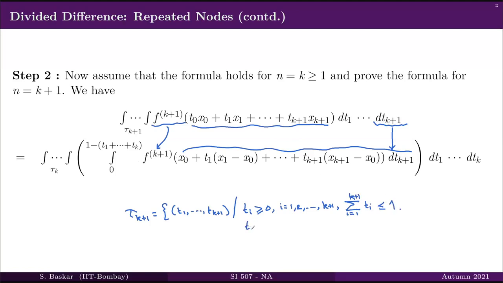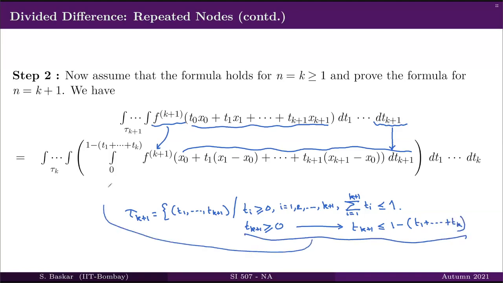Therefore, the variable tk plus 1 varies from 0 to 1 minus (t1 plus up to tk). That is what I have put as the limit of this integral. When I'm integrating with respect to tk plus 1, I'm taking the integral from 0 to this point, and all the other components of the set tau k are clubbed together and kept outside.